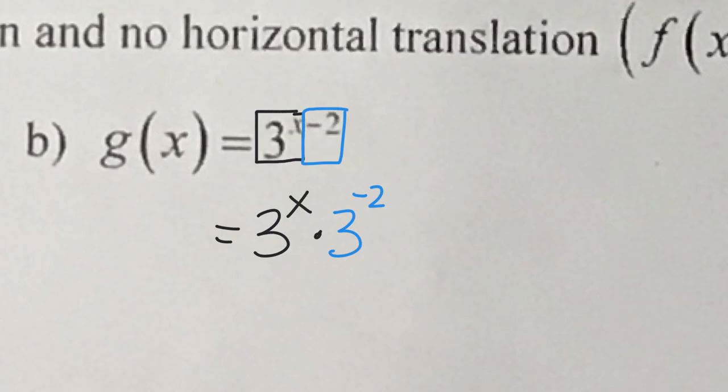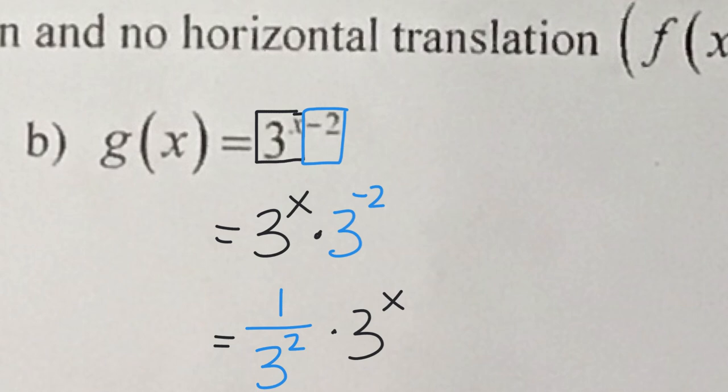Okay, so we're going to apply that property that says we raise it to a negative power becomes a positive as a fraction. So that's 1 over 3 to the positive 2 power times 3 to the x.